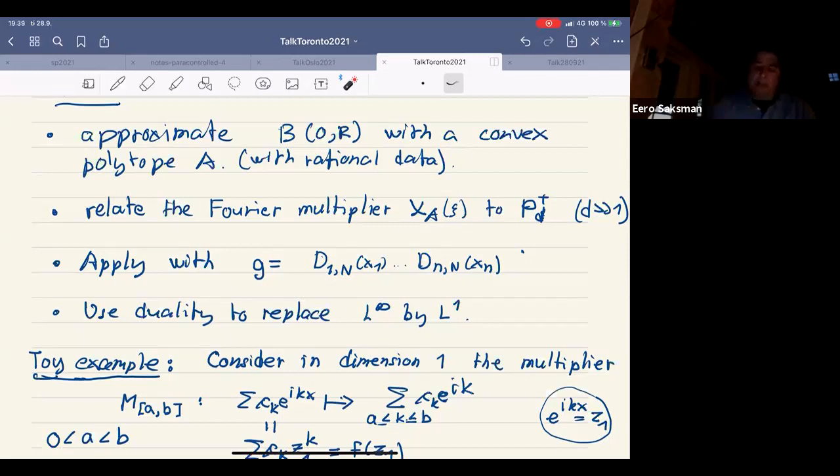Now that is done in the following way: you increase the dimension. The Fourier multiplier of the polytope lies in some dimension. Then we will relate it to the Riesz projection in a much higher dimension, and that's the way to go.